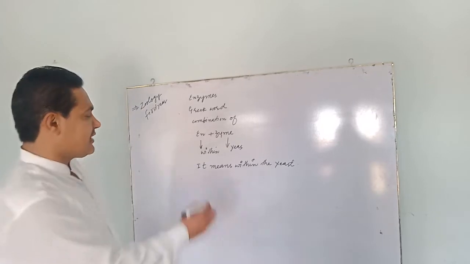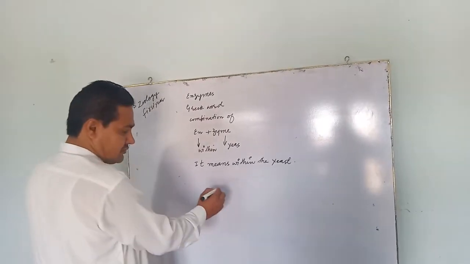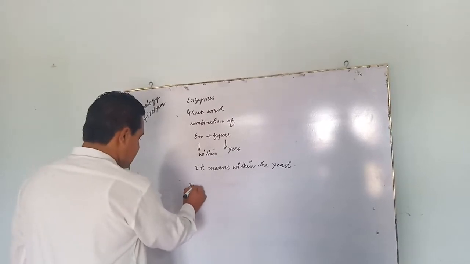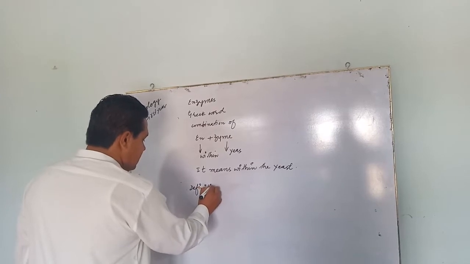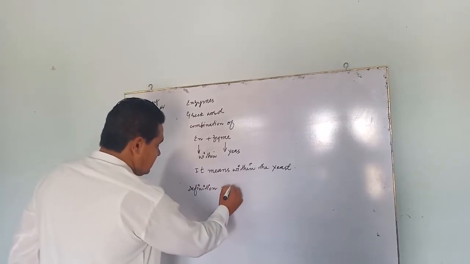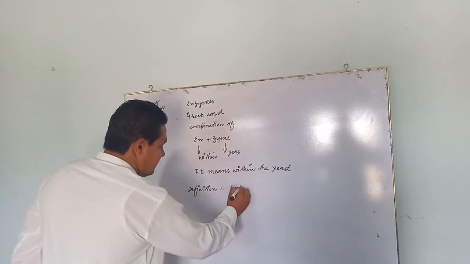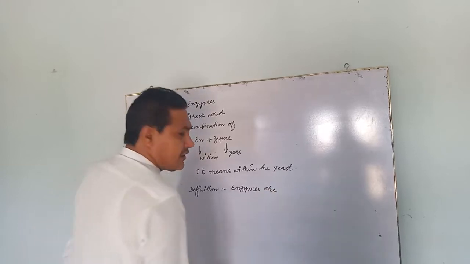Now, characteristics of enzyme. I would like to write here the definition of enzyme. Simple definition of enzyme: enzymes are organic chemicals.